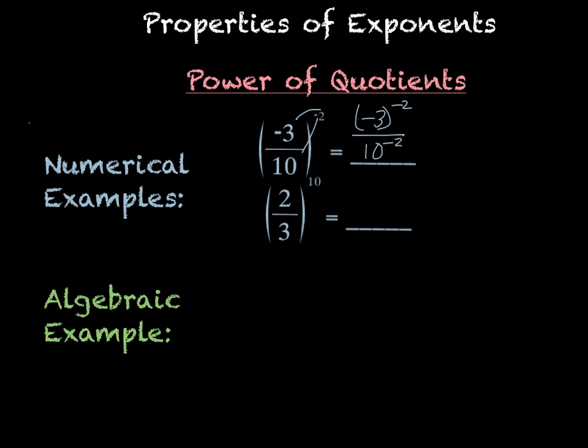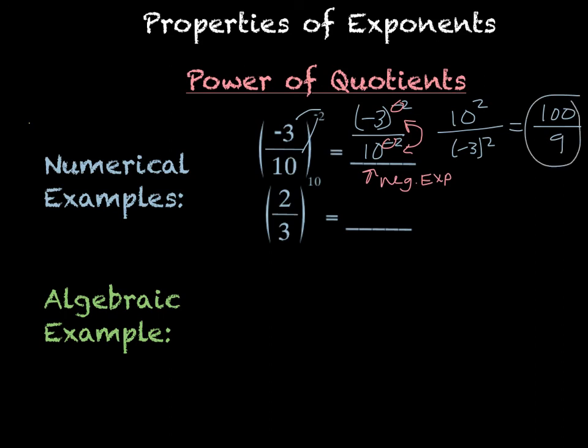Since these are negative exponents, I need to flip them and then drop the negative signs. Since they're both negative exponents, I'm going to flip both of them, and I'm going to get 10 squared over negative 3 squared. Now I can easily simplify this. 10 squared is 100. Negative 3 squared is 9. So that would be your final answer.